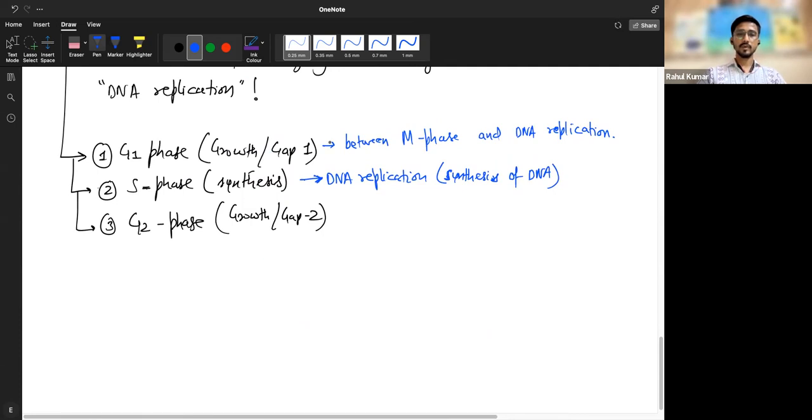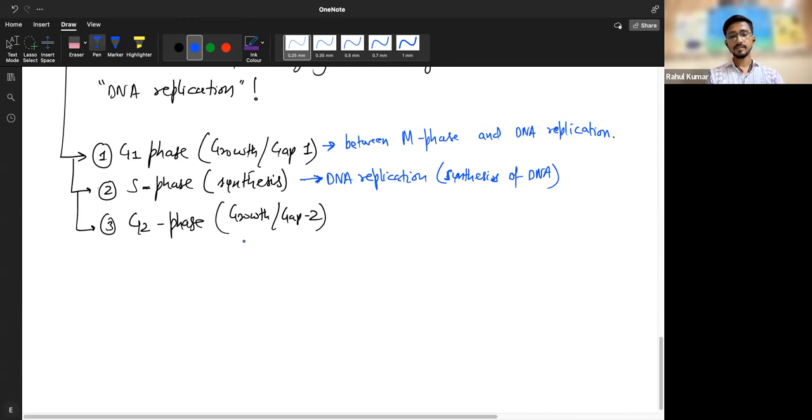Now write down what happens during the G1 phase. During the G1 phase, the cell is metabolically active. In a G0 phase, the cell does not grow. Though it may be doing some metabolic activities, it is not growing in size.